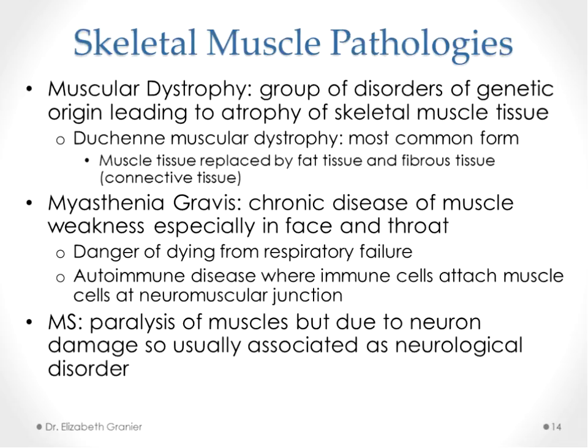While MS, ALS, and a lot of the pathologies of the neurological system affect muscles and can cause paralysis of muscles, technically there's nothing wrong with the muscles. They're just not being told to contract effectively and efficiently by the nervous system. So they would be a neurological issue.